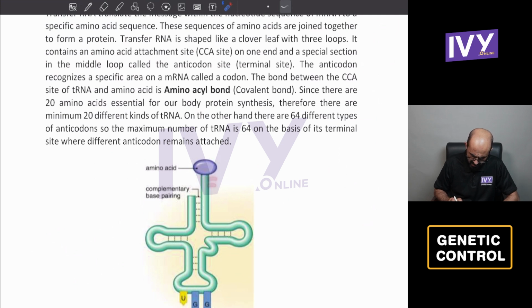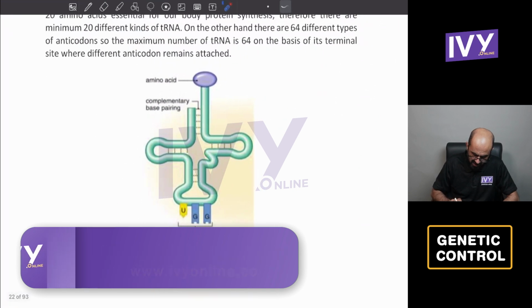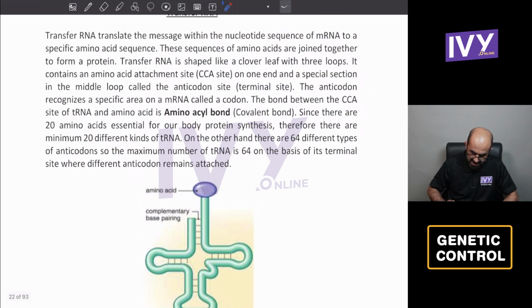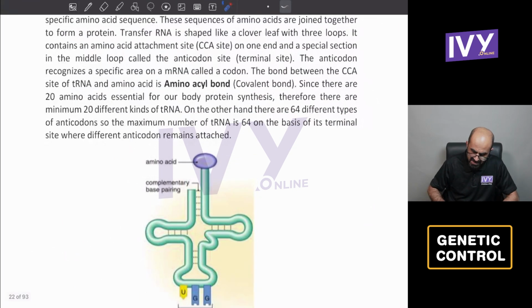You can see all these are paired, but this part is unpaired. Similarly, the unpaired part is very important. This is also unpaired. So there are two unpaired regions, one is the CCA site on one end and a special section in the middle loop called the anticodon site here. The anticodon recognizes a specific area on messenger RNA called a codon.